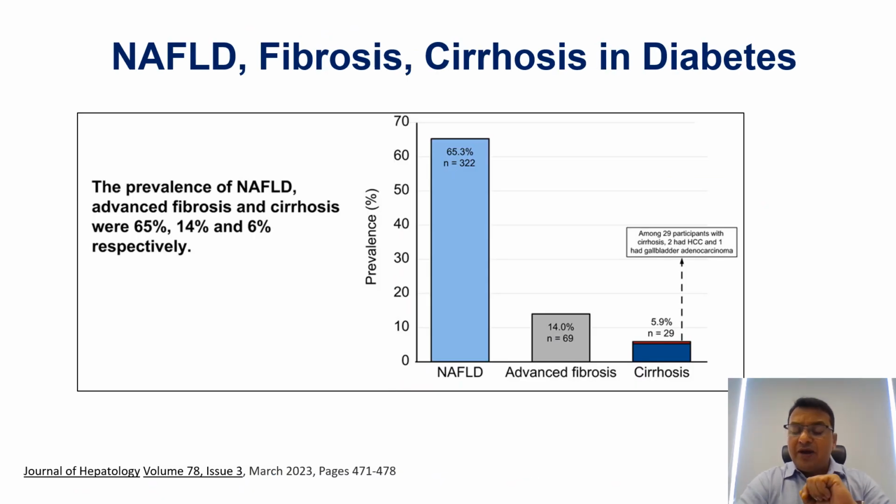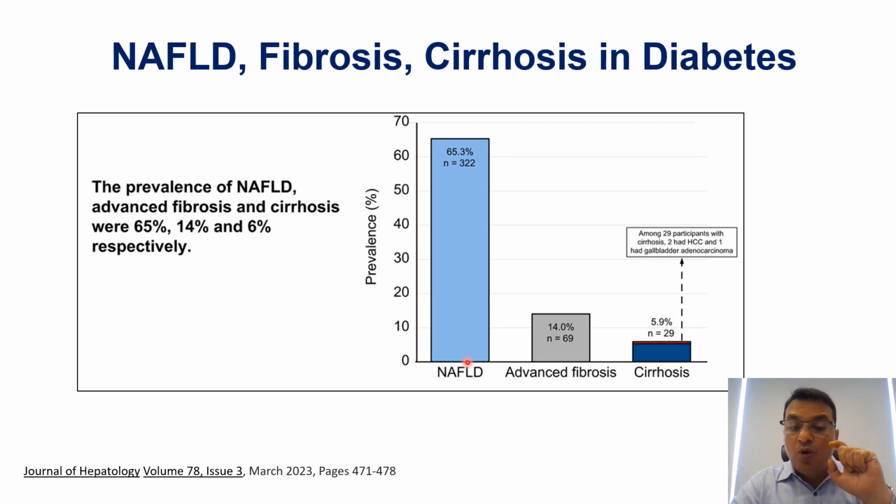Now, this is a very recently published paper in March 2023 from the Journal of Hepatology. This study looked at a cohort of type 2 diabetes mellitus patients, right? And what they showed, 65% of those type 2 diabetic patients were having non-alcoholic fatty liver disease.